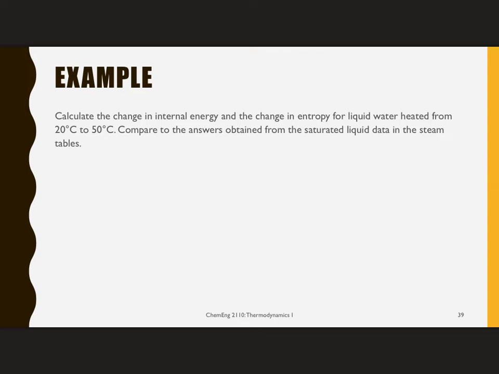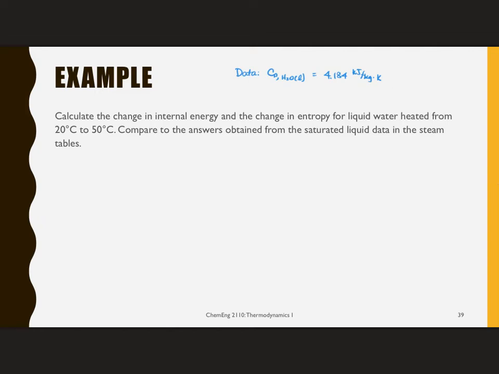Let's use this to work an example problem. In this case, we want to calculate the change in internal energy and the change in entropy for liquid water that's being heated from 20 degrees to 50 degrees C. In this case, the delta T is not particularly large, and so we can use constant c sub p. If we look that up, c sub p for liquid water is about 4.184 kilojoules per kilogram Kelvin.